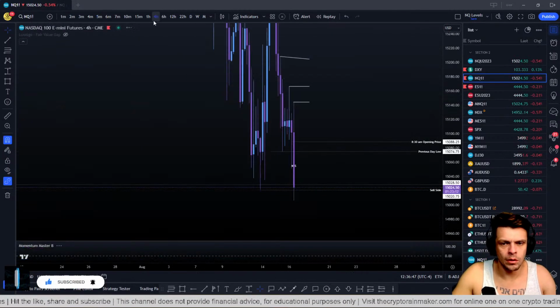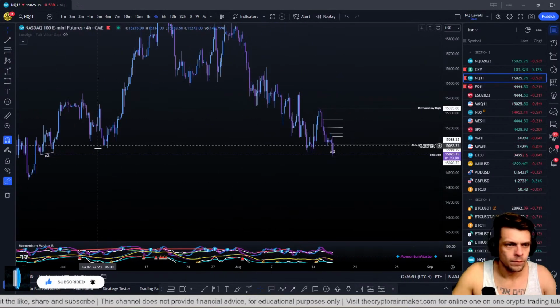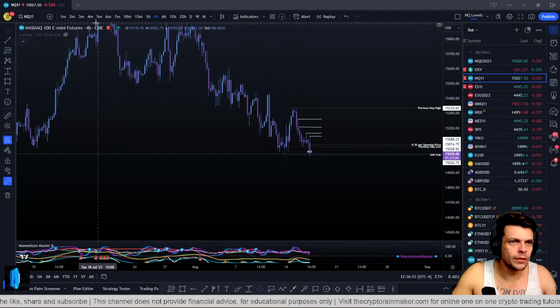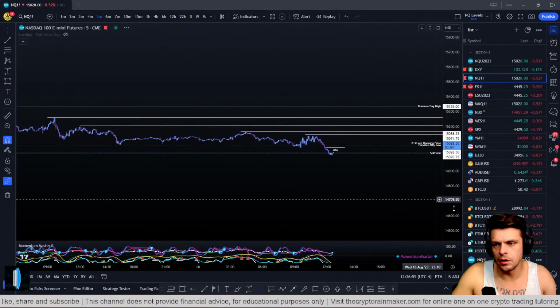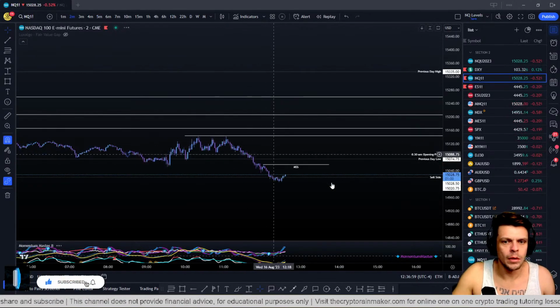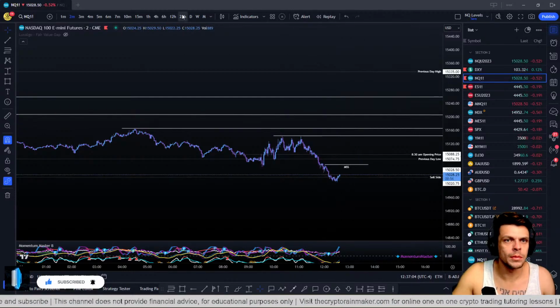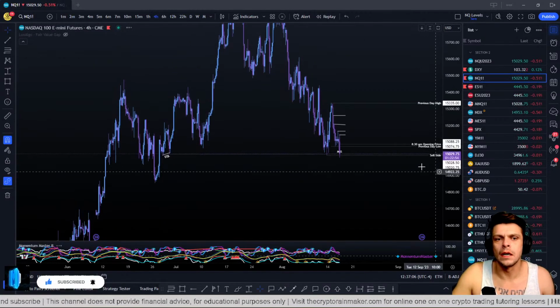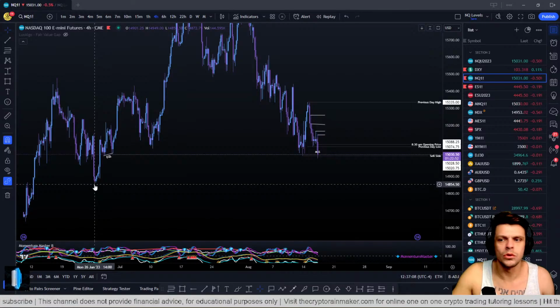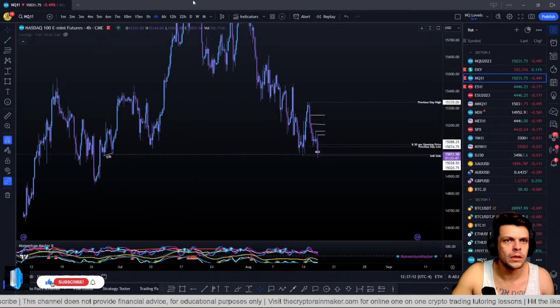Okay, I just want to go back to the 4-hour. If this does not play out, if we do not take out that lower time frame high on the 2-minute with displacement, then it seems like we are going towards this low, which is at 14,854.